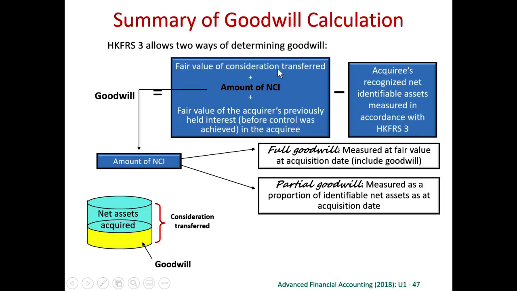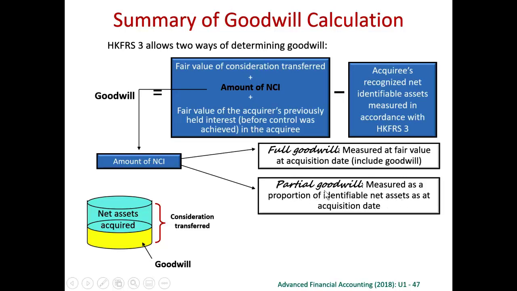So we understand that consideration and the previously held interest must be measured at fair value. But for the non-controlling interest, accounting standards allow us to have a choice. You can measure the non-controlling interest at fair value. We call this the full goodwill method. Or you can measure the non-controlling interest as a proportion of the identifiable net asset.